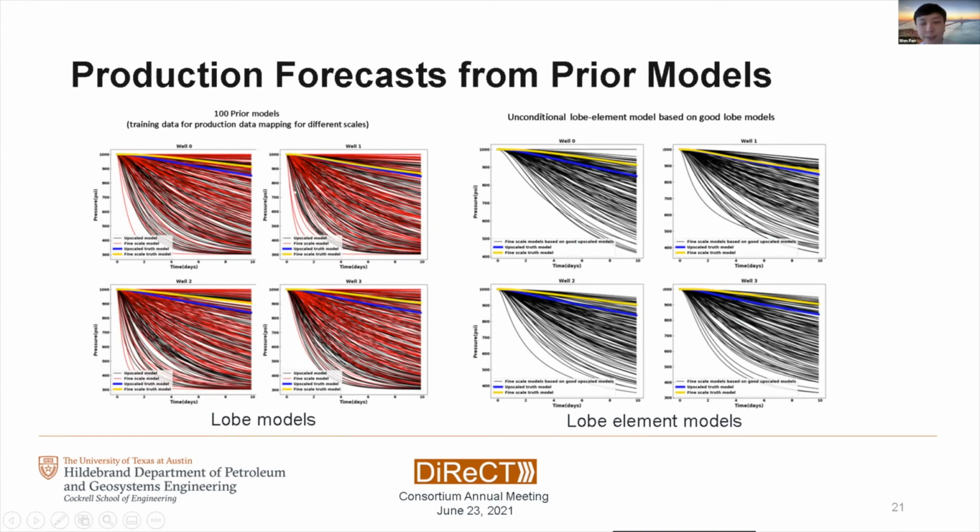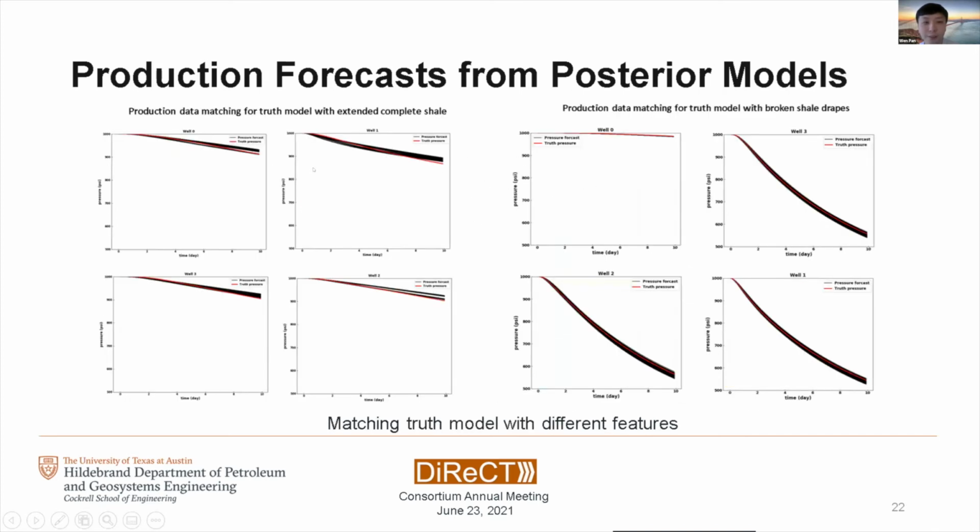After we get the prior models from the Lobe element scale history matching, we use them as the prior to get the Lobe element model constructed. So these are the results after I performed the Lobe element scale reservoir modeling and history matching.